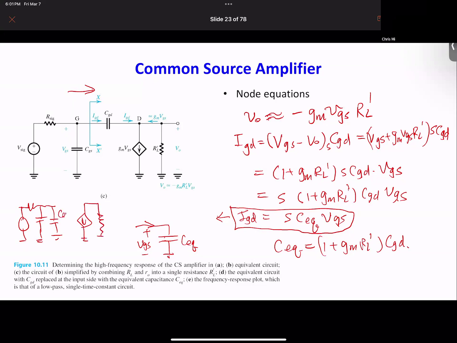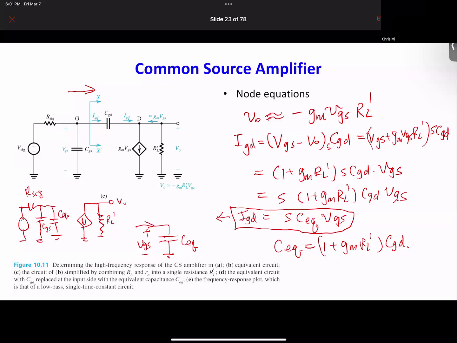So this is CEQ, and this is CGS, this RSIG, and this R prime. Do you see what I get? Because this IGD is equal to this, therefore, I use CEQ and put it here.